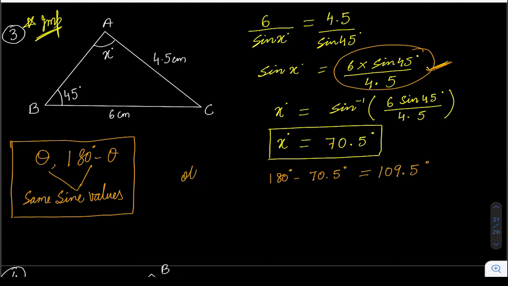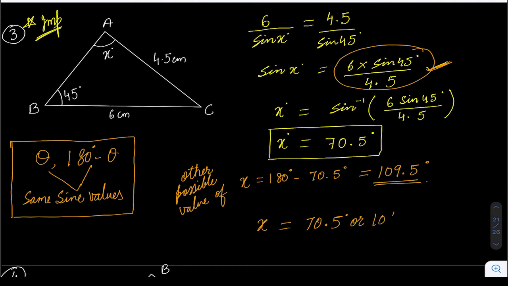So the other possible value of x is 109.5. I hope you understand this. So we have two answers in this case: 70.5 degrees, or x can be 109.5 degrees.